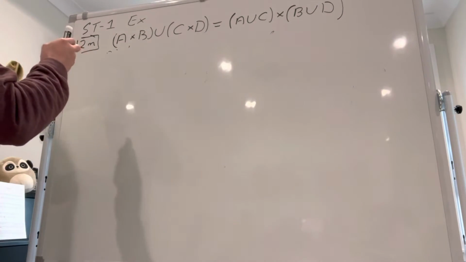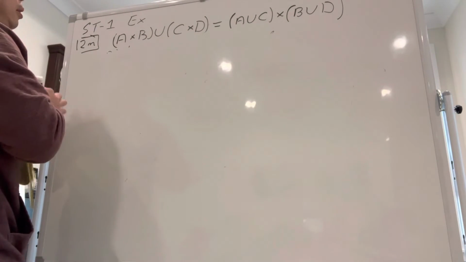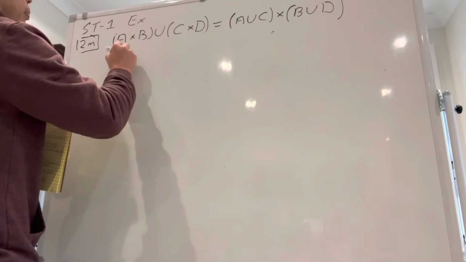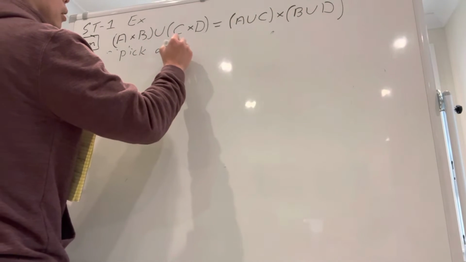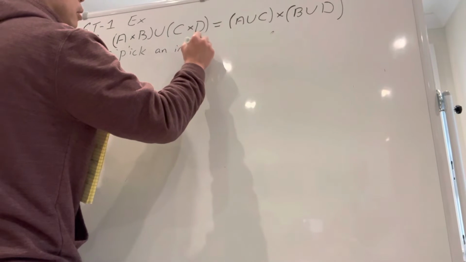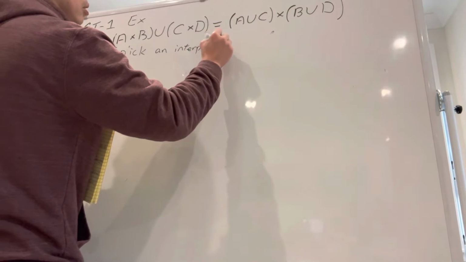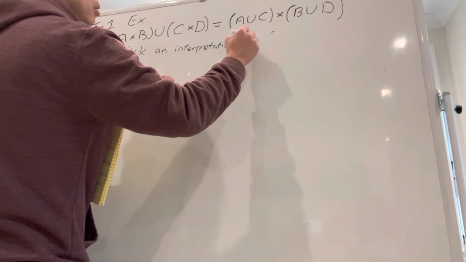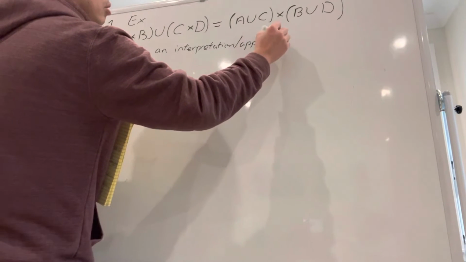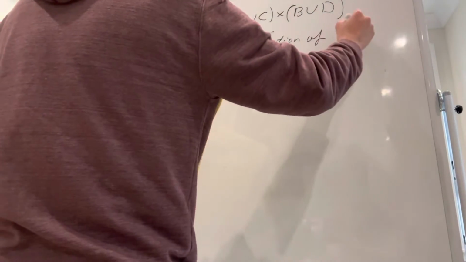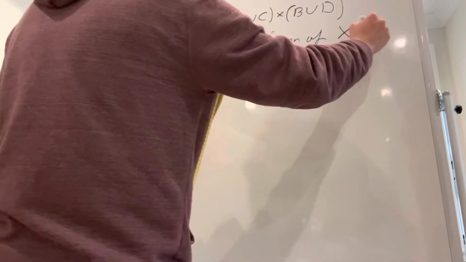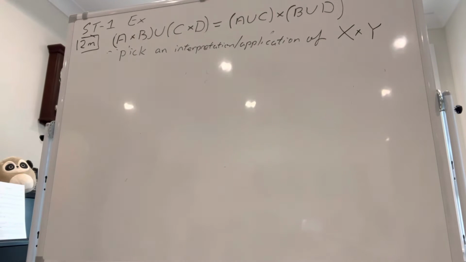The second way I would say is to pick an interpretation or application of what the Cartesian product x cross y is.